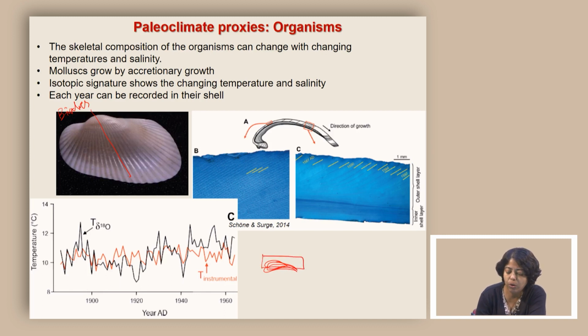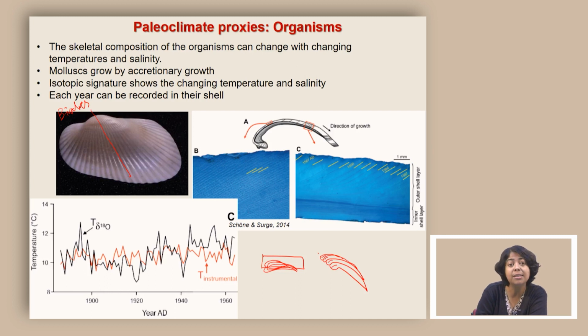How will it grow? It will look something like this the first time, then it is going to grow like this, then like this, and so on and so forth. What it means is that every time it is adding a new layer. So, if I am now looking at this part, it is going to tell me a sequential pattern of changes.